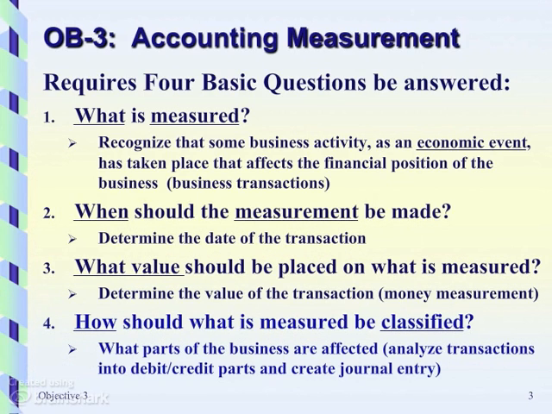We're going to do that more so, and that's what accountants do on a daily basis. They look at accounting transactions and determine all the answers to these 4 basic questions. What is measured, when the measurement should be made, what value to place on it, and how what is measured should be classified.